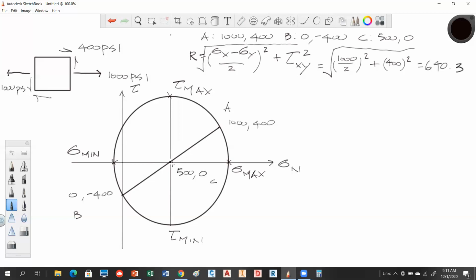Okay. So to solve the max value, if you look back at that equation, you just take the average plus R. We determined that the average was 500.